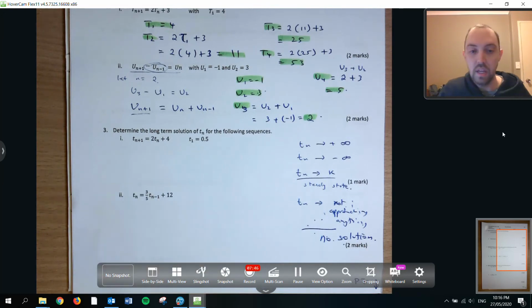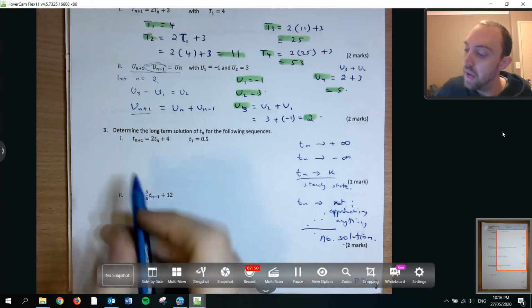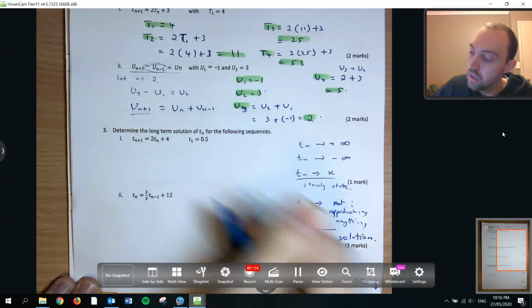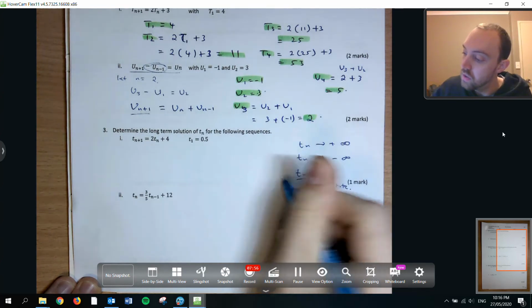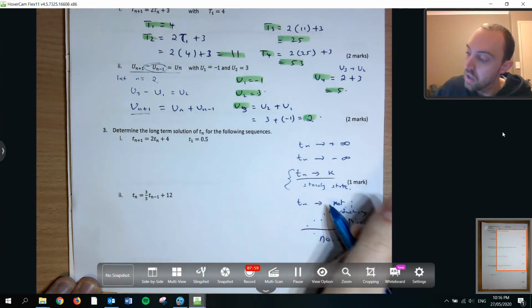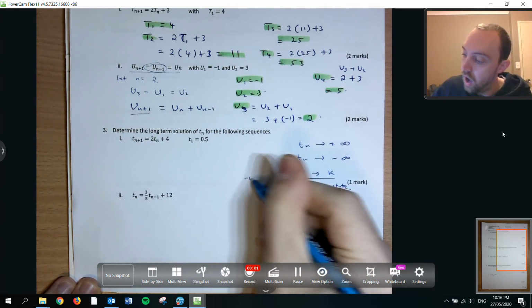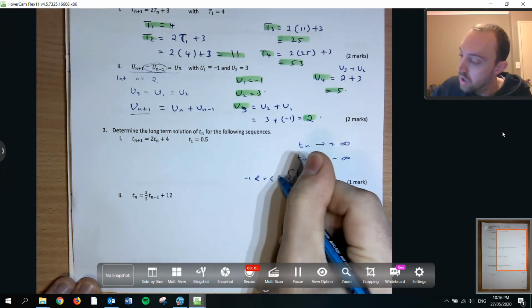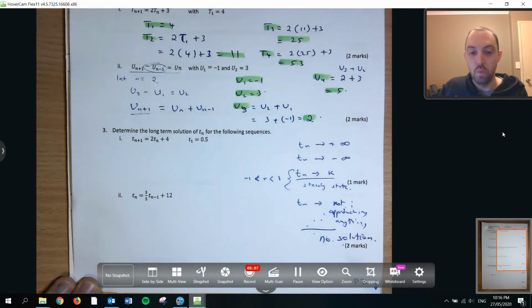So it would be easier if you just have a bit of an idea of what's happening in your pattern, so maybe do the first few numbers, okay? Steady state solutions have a very particular idea as when r is between -1 and 1, okay?